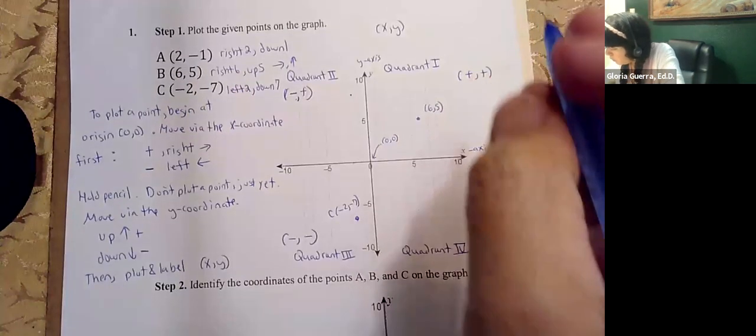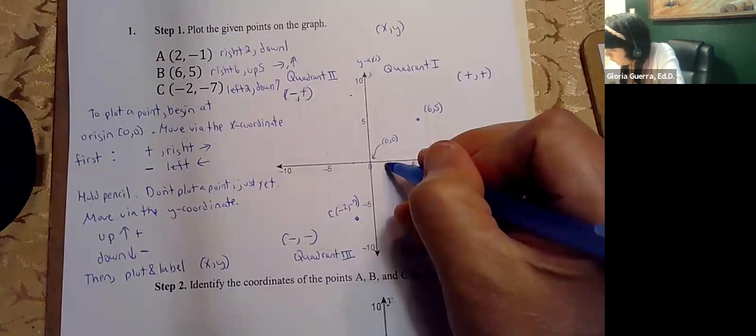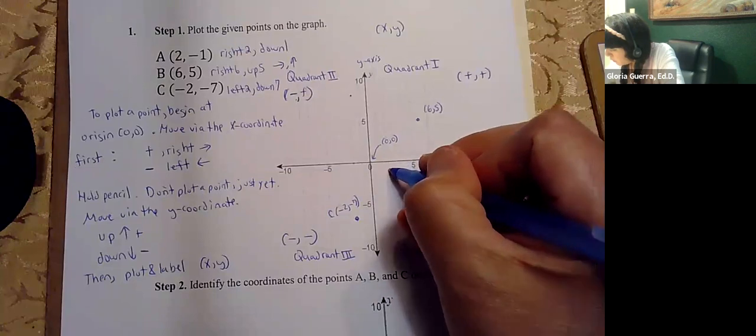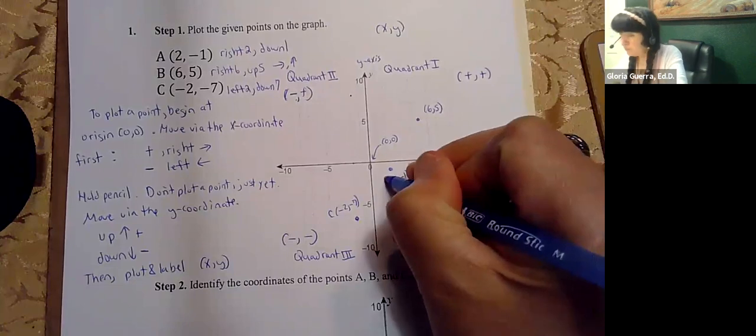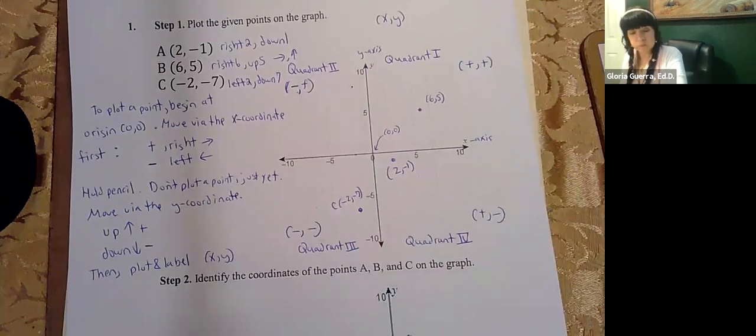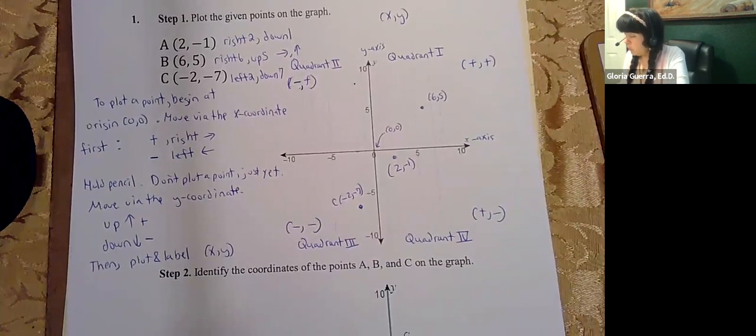So from the origin, you go to the right 2, and then you go down 1. All right, so that's number 1, plotting your points.